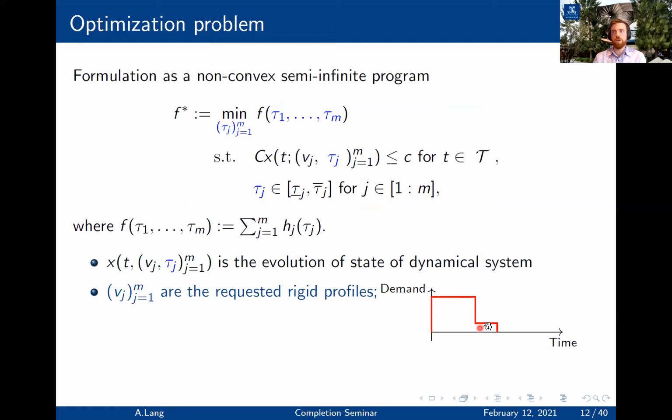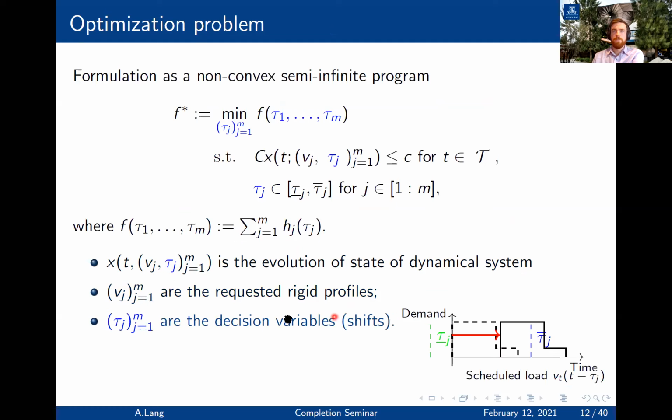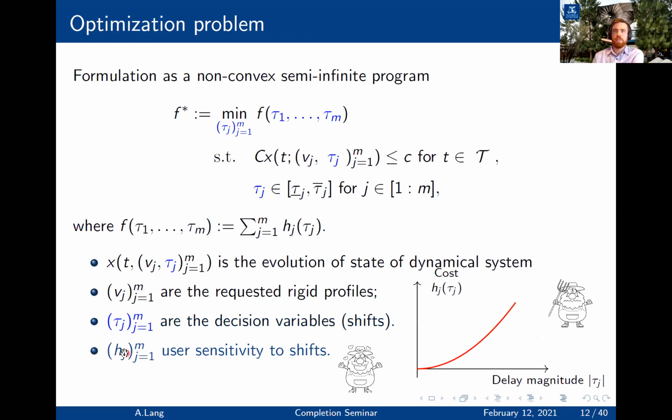For example, one of them might look like this. And the tau j are actually our decision variables, and that's how much we shift each of these rigid profile inputs by. And the hj are the user sensitivities to the shift, and they formulate our cost or our objective that we're trying to minimize.